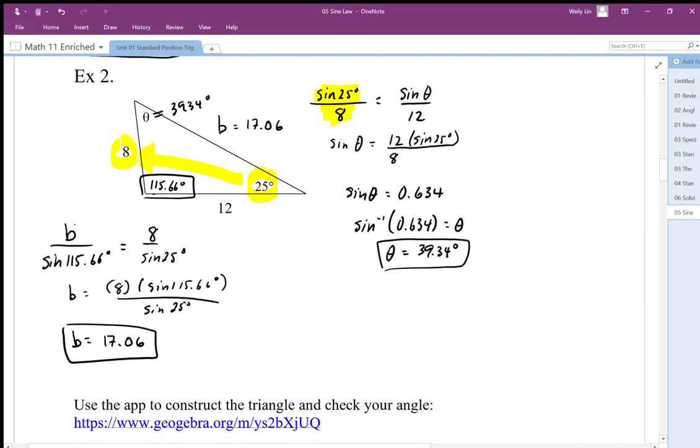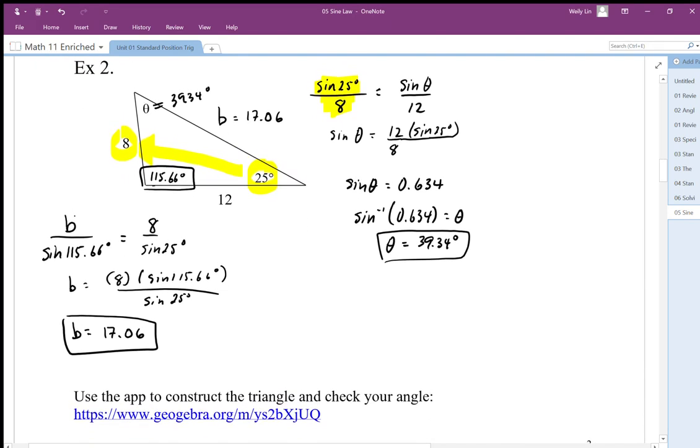Now, there is a little bit of an issue here, and maybe I'll use the app to highlight this. When I look at this picture, it looks perfectly fine the way it is. However, I've been given 25 degrees, 12, and 8, and this 8 is oriented so that this angle is obtuse.